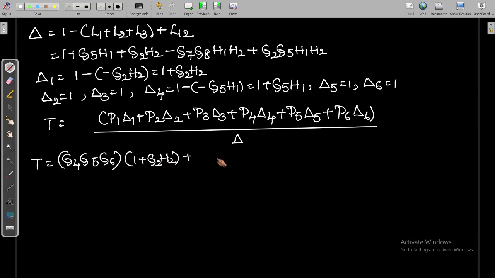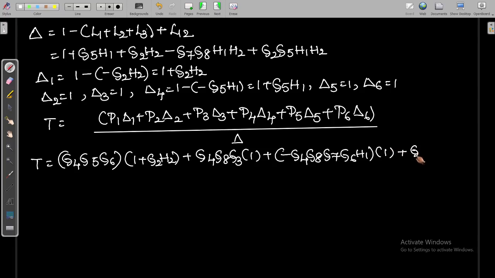Next, plus P2 will be G4, G8, G3 into 1, that is delta 2, plus P3, what is the P3 we have taken, here we can write P3 as minus G4, G8, G7, G6 into H1 into delta 3 will be into 1, plus P4 will be G1, G2, G3 whole into 1 plus G5 H1, this is the P4 into delta 4.